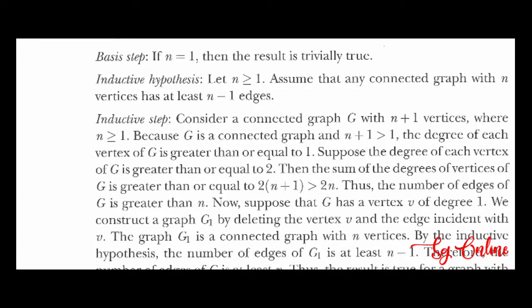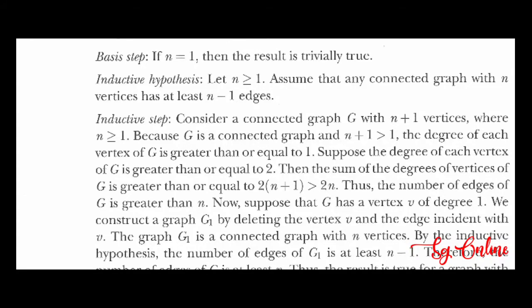Now, if the degree of each vertex is greater than or equal to 2, then the total sum of degrees of vertices is naturally greater than or equal to 2 times n plus 1, and that is strictly greater than 2n. And so the graph has number of edges greater than n. So it has at least n edges that is required, and it is greater than n.